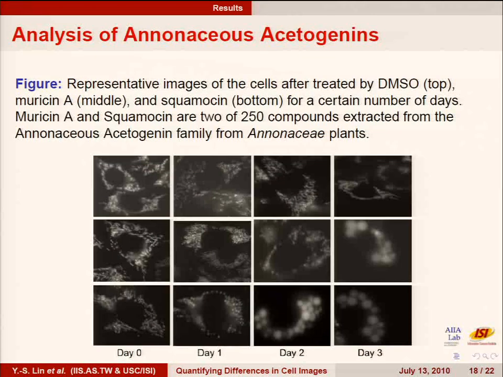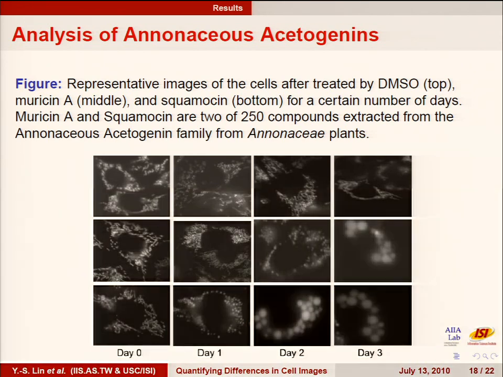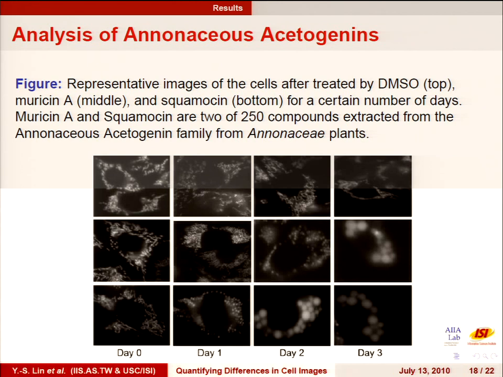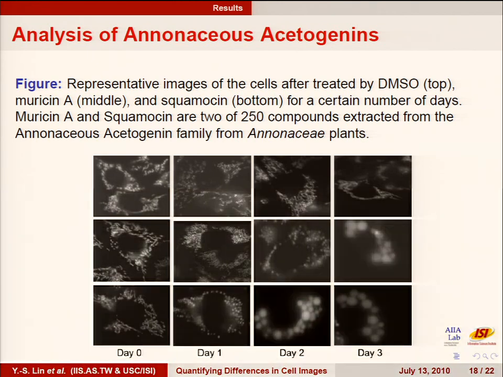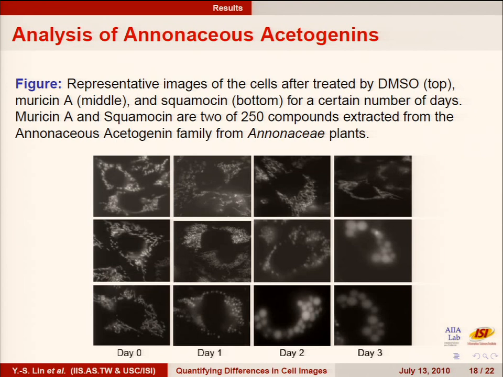And I will show you an application of our method to study two compounds, members of the Acetogenins family, and this herbal medicine is shown to trigger apoptosis, so it could eventually be used for cancer treatment.